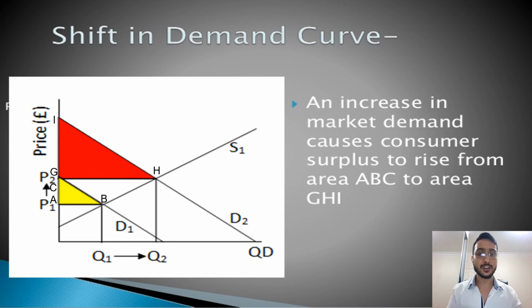The consumer surplus has increased from points A, B, C to G, H, and I. So what we can say from this is, if there is a rightward shift in the demand curve, other things remaining the same, the consumer surplus will increase, and if there is a leftward shift in the demand curve, then the consumer surplus will decrease, because the price of the product will go high when the demand shifts from the left side to the right side.